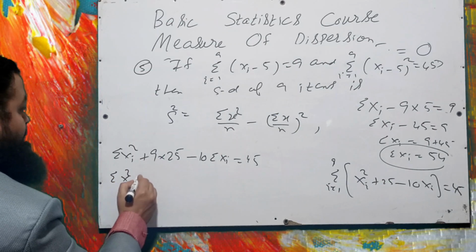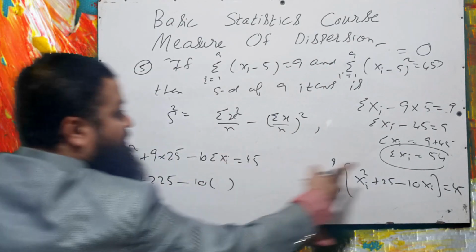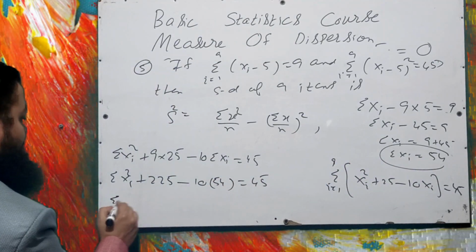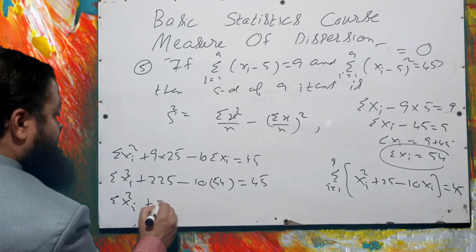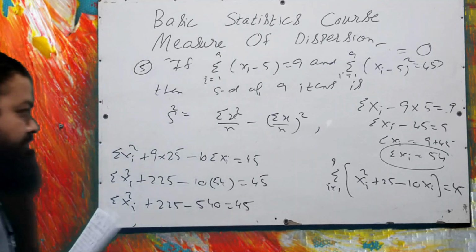Summation xi square plus 25 nines are 225 minus 10 into summation xi, which is 54, is equal to 45. Summation xi square plus 225 minus 540 is equal to 45.